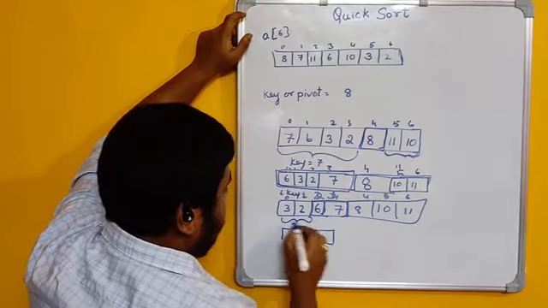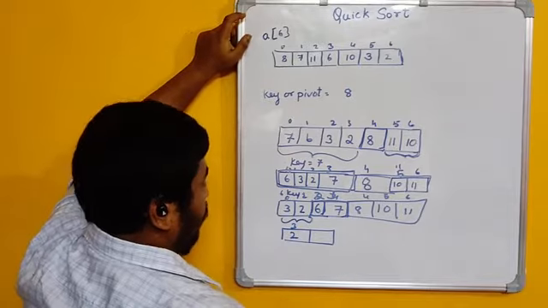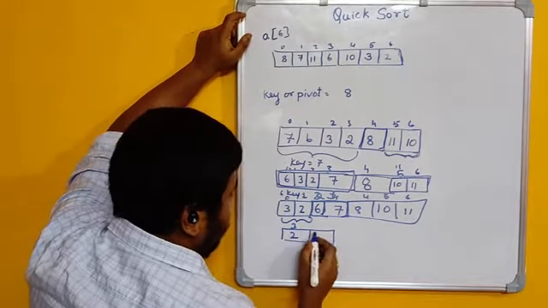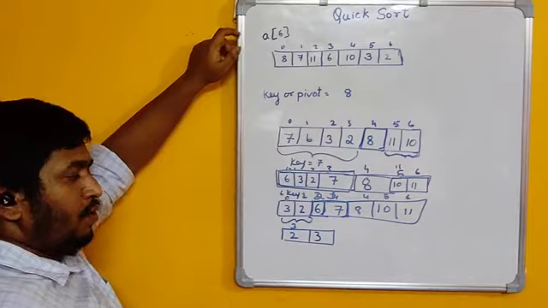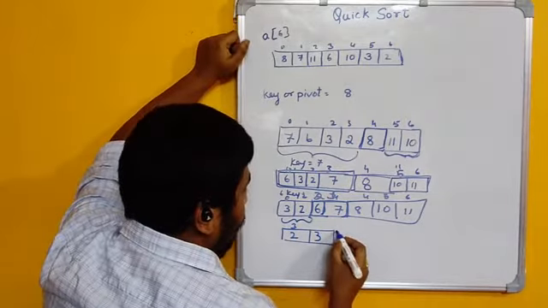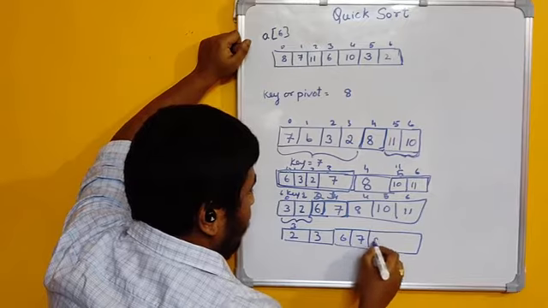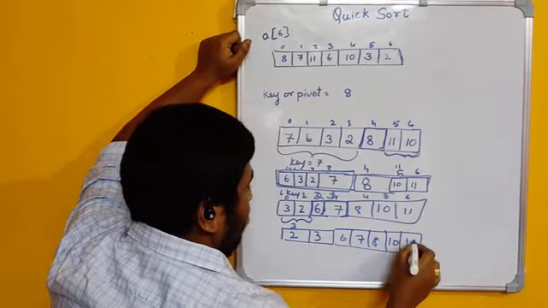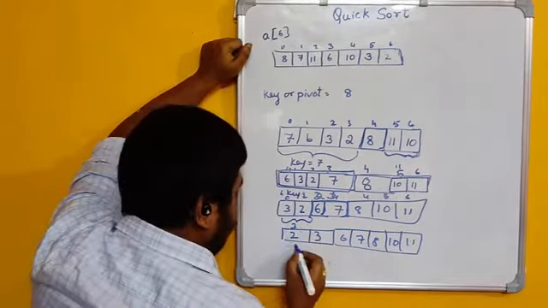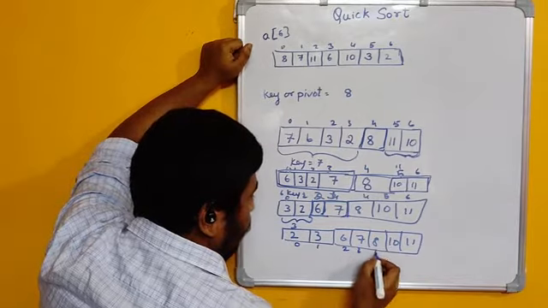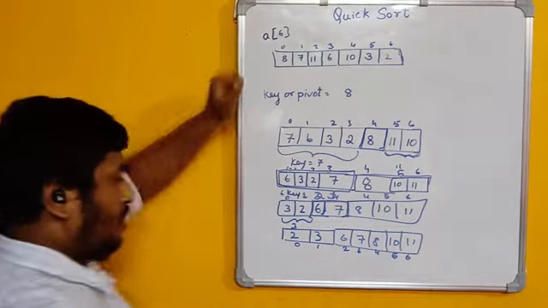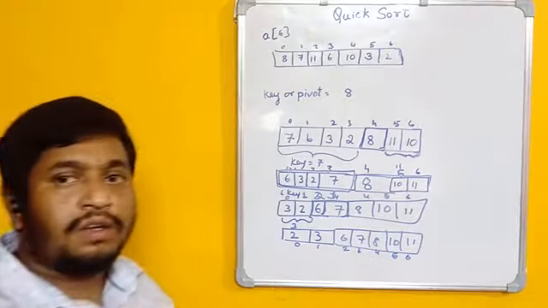All the elements less than 3 are kept on the left side, and the remaining is 3. 3 is equal to the next, so the remaining is the same: 6, 7, 8, 10, 11. Now the array is sorted.